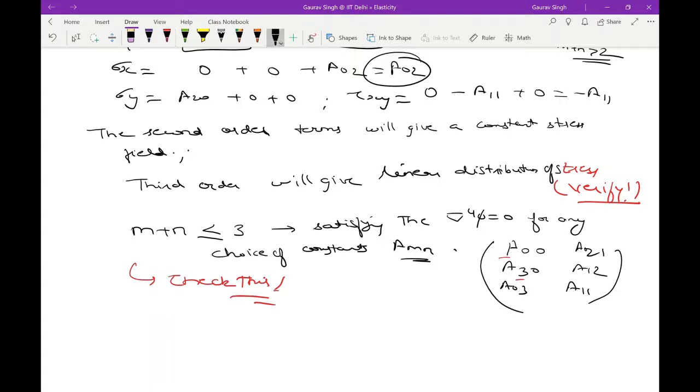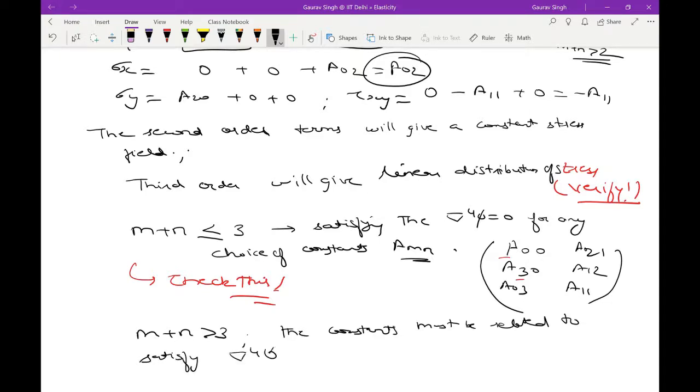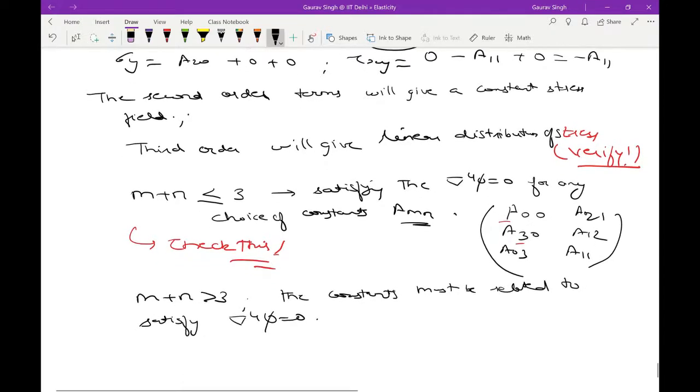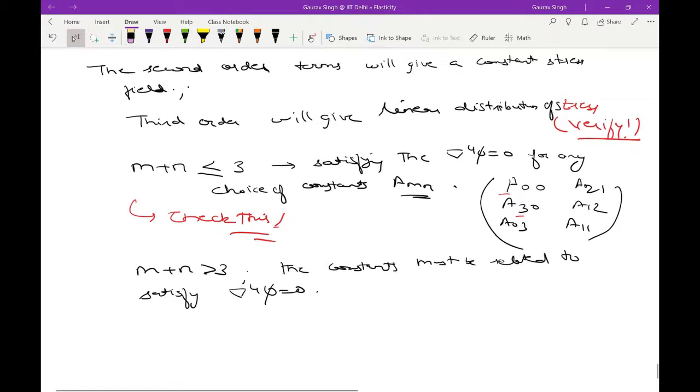Now for higher order terms, meaning m plus n greater than 3, the constants must be related to satisfy the biharmonic equation, meaning they are not independent of each other. Let's take an example.